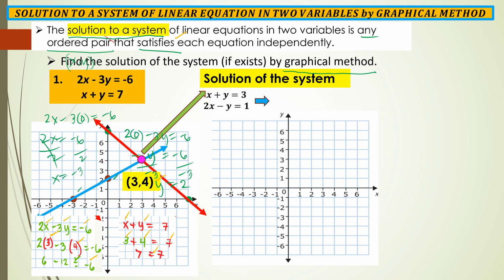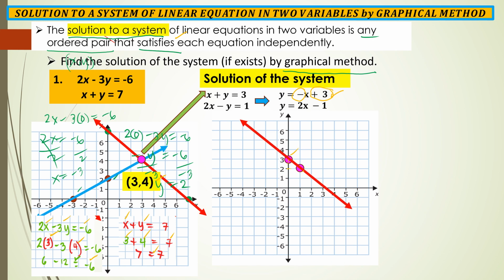Let's proceed to the next example. You are given x plus y is equal to 3, and then transforming it into slope-intercept form. Thus, positive 3 is our y-intercept, so our y-intercept is at (0, 3), and since our slope is negative 1, we go down once and go to the right once, and that's the graph.